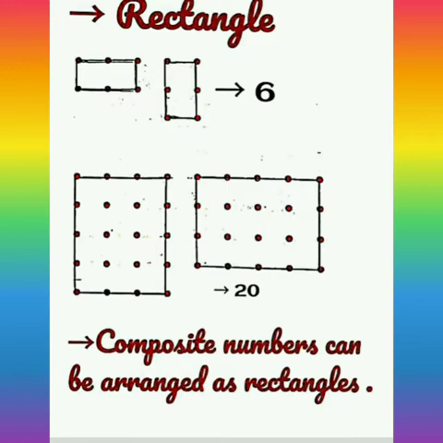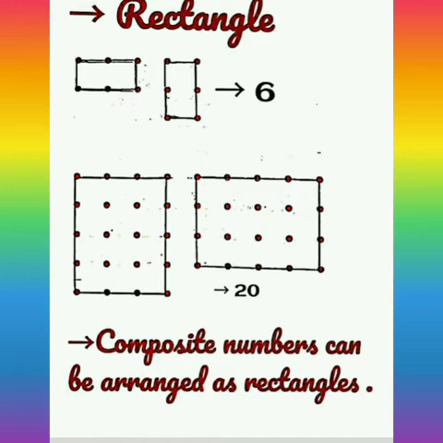Coming to example 2, let us take 20. We can arrange 20 dots as 5 rows and 4 columns, that is 5 by 4, or 4 rows and 5 columns, that is 4 by 5.